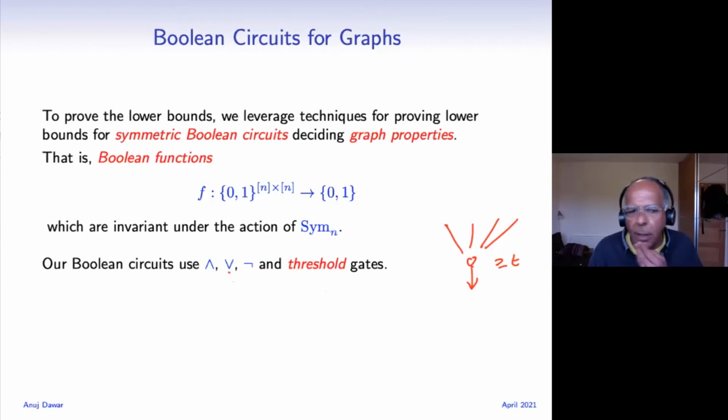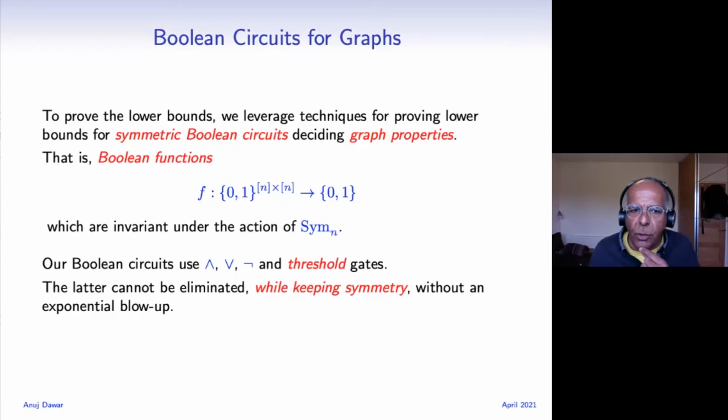But this is the more general form. You can, of course, implement threshold gates with just AND, OR, and NOT, but not in a symmetry-preserving way. So you can't eliminate threshold gates while keeping symmetry without an exponential blowup. We had proved this before. Okay, so our Boolean circuits will have AND, OR, NOT, and threshold gates.